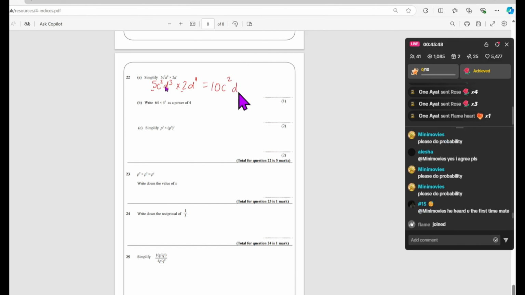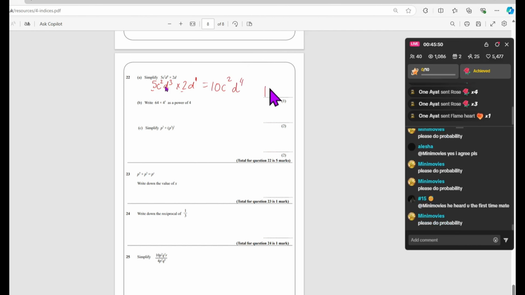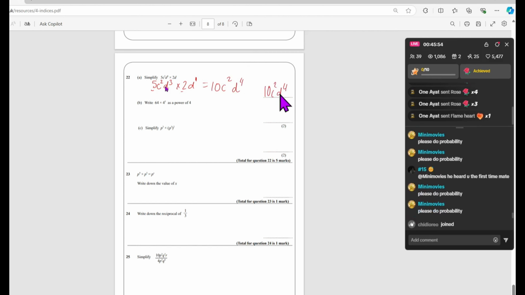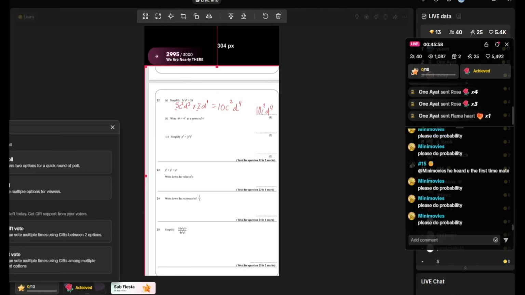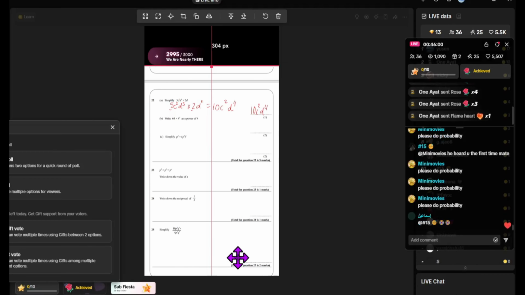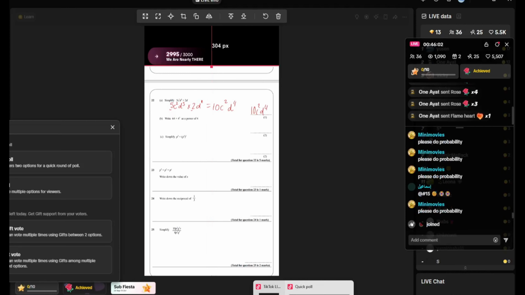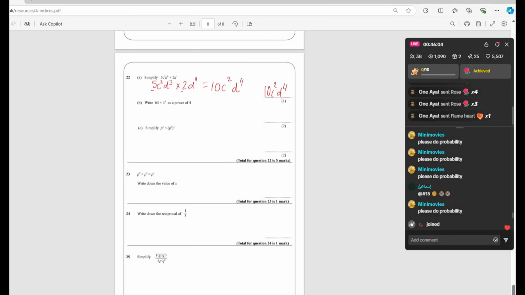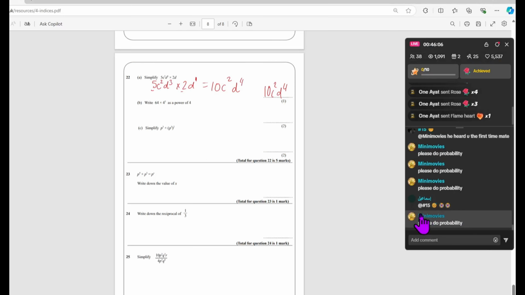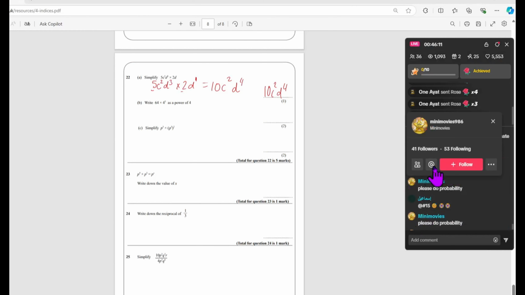We'll get d to the power of 4. We get 10c2 and d to the power of 4.